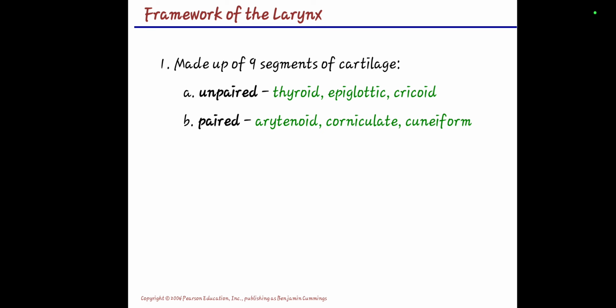So you will just memorize the 9 cartilages, the unpaired and paired, of the framework of the larynx. Unpaired: thyroid, epiglottic, cricoid. Paired: arytenoid, corniculate, and cuneiform.